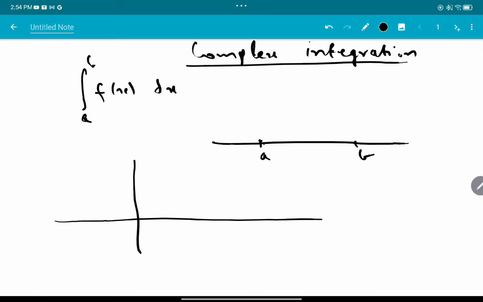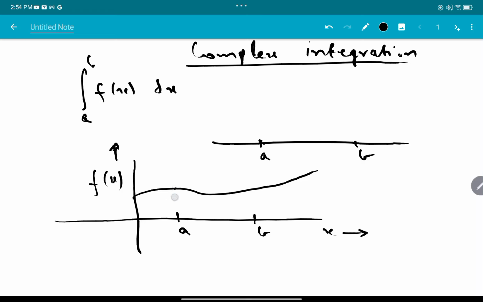This graph shows the same: x here, f(x) here, and then A here, B here. These are the limits, and let this be f(x). By this we mean the total area under this curve.